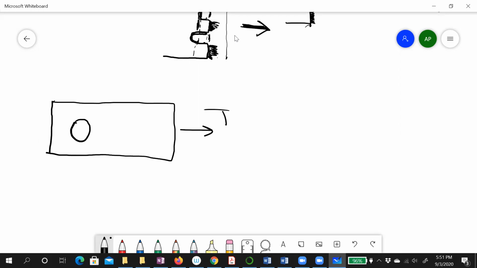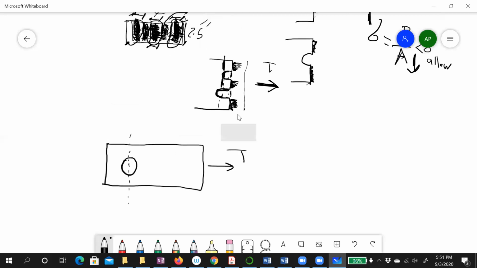If we ask to find the shear in this problem, so for the tension, it would be the same as here, just make a section at the middle of the hole. And for the shear, we have some different scenario.